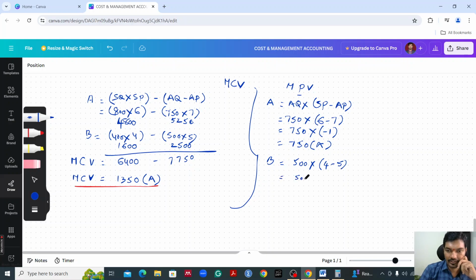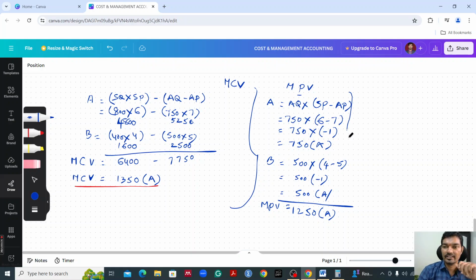So again we got a negative value, so therefore the value is 500 in adverse. So the total MPV is 500 plus 750, together 1250 in adverse.